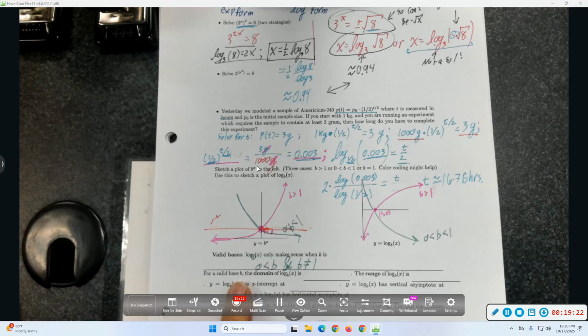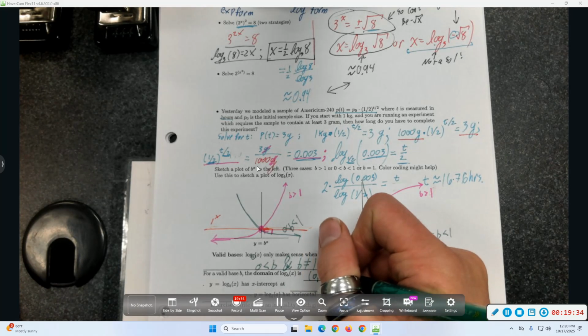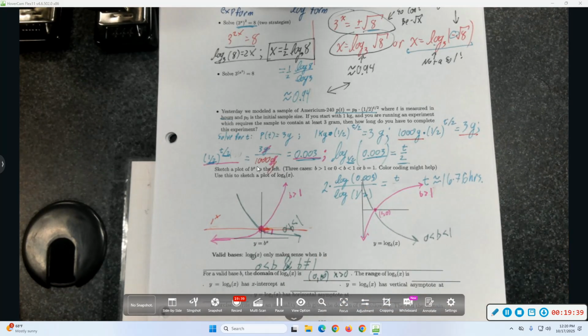Once you do have a valid base, though, let's read off the domain. What's the domain of those functions? 0 to infinity. Or if you want it as an inequality, x has to be bigger than 0. What's the range? Yeah, everything, right?